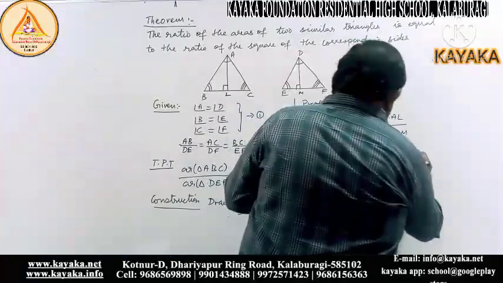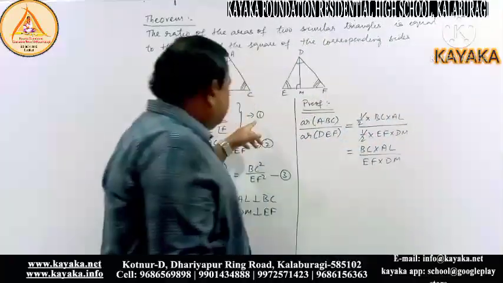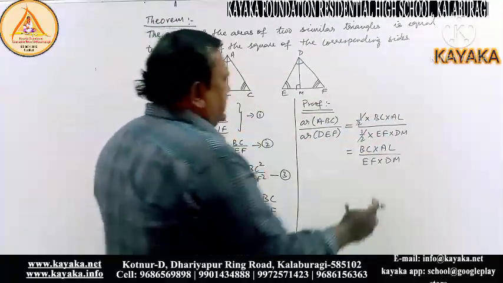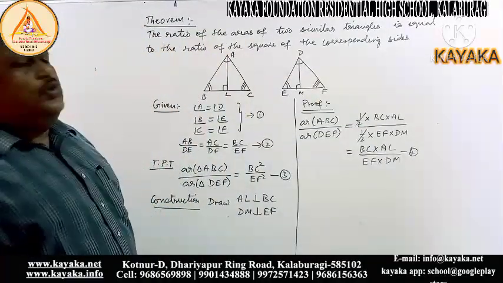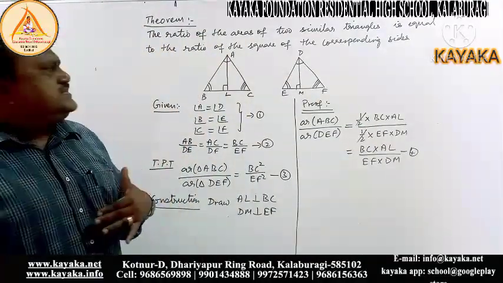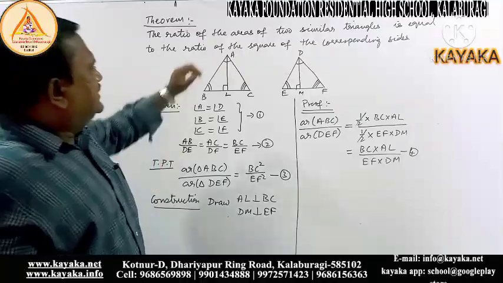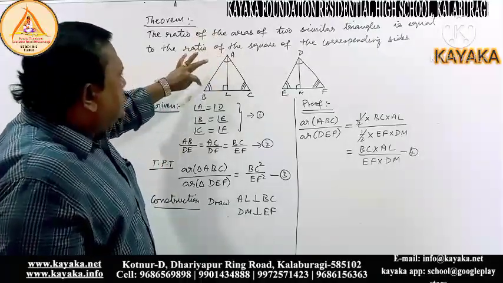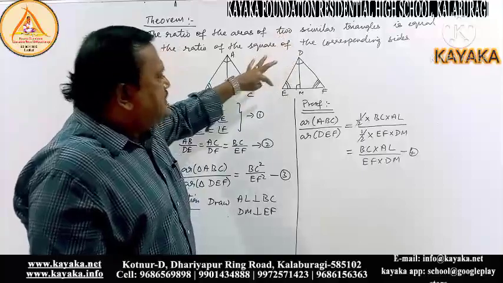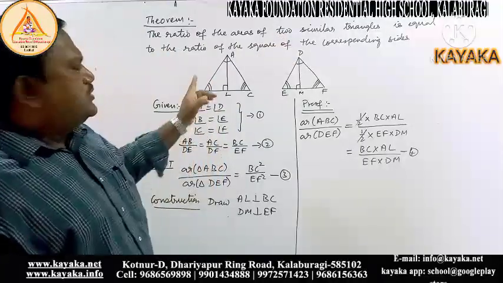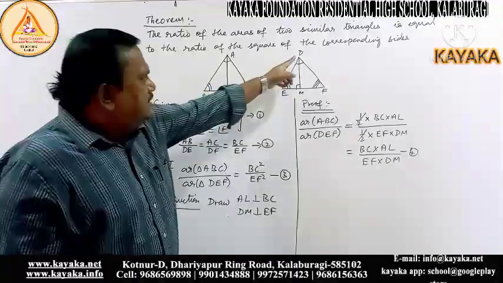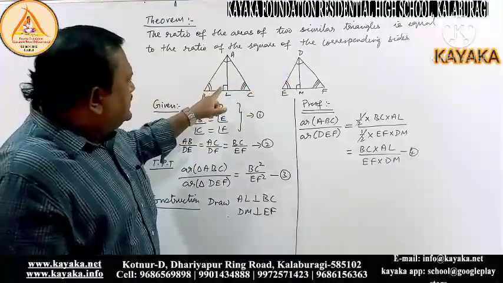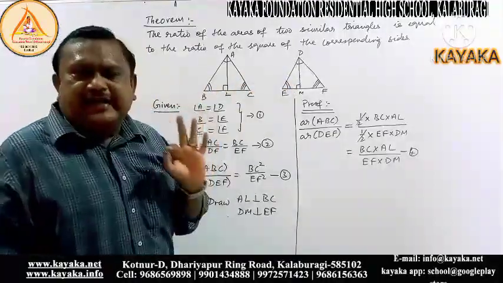Okay, now we can mark this, we have given numbers 1, 2, 3. Now we'll give this number 4. Okay. Now next step, we are going to consider these triangles ALB and DME. In these two triangles, dear children, you can see that these two angles we already know are 90 degrees.